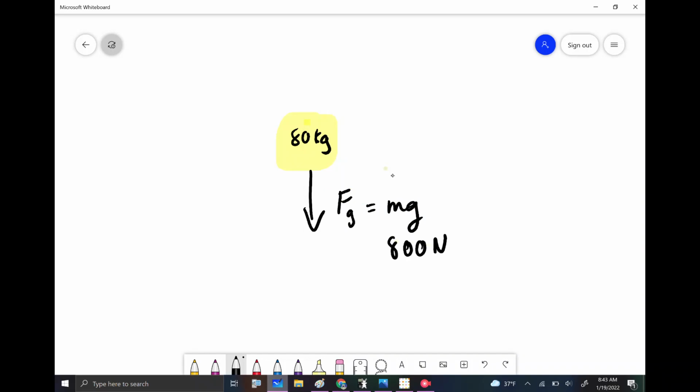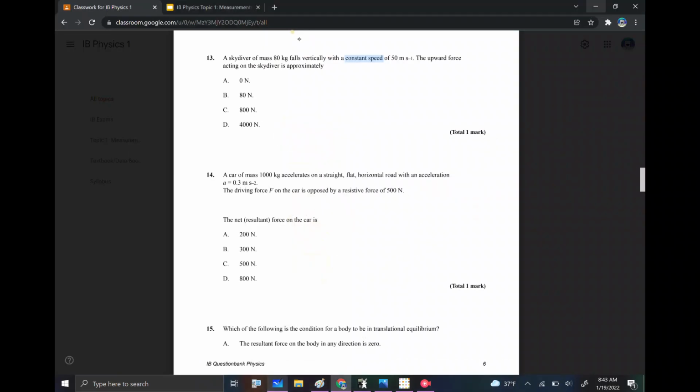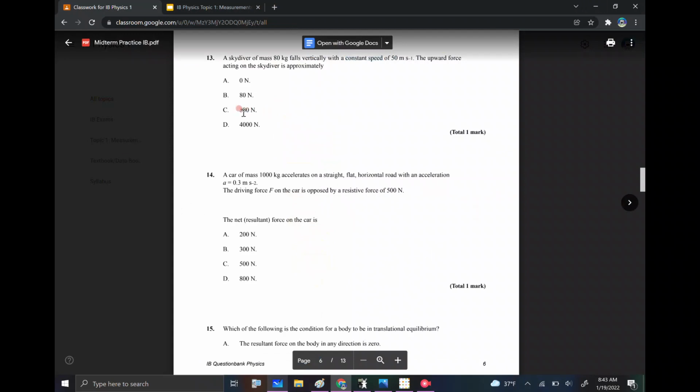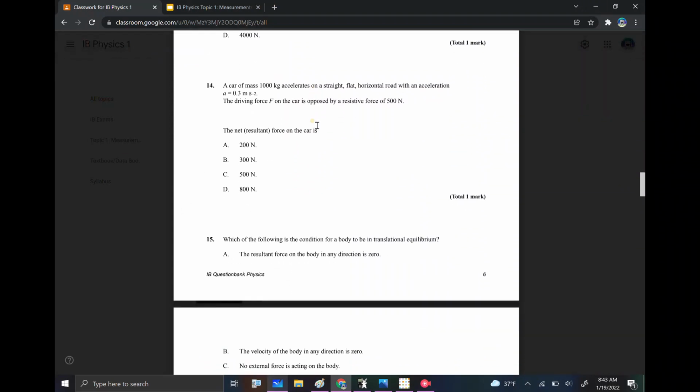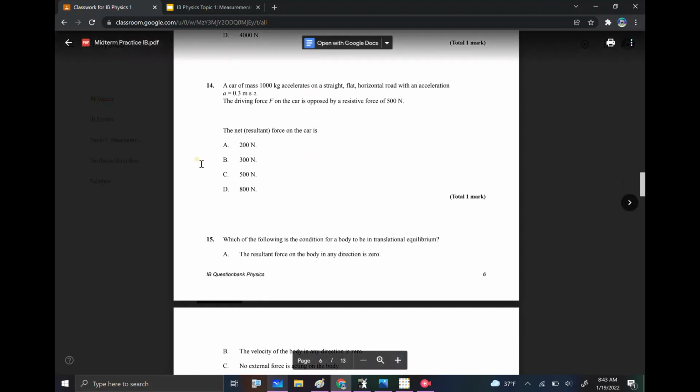Going down would be roughly 800 newtons because it would be 80 times about 10 meters per second squared. Technically 9.81, but I'm just saving some time here. So 800 newtons of force going down. Therefore, we need 800 newtons of force going up to put this thing in equilibrium, right? Because we're going at constant speed, all of my forces need to cancel. So I have no acceleration. So 800 newtons going up. Number 13 is C.